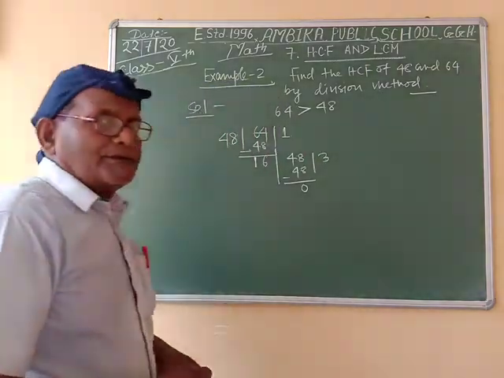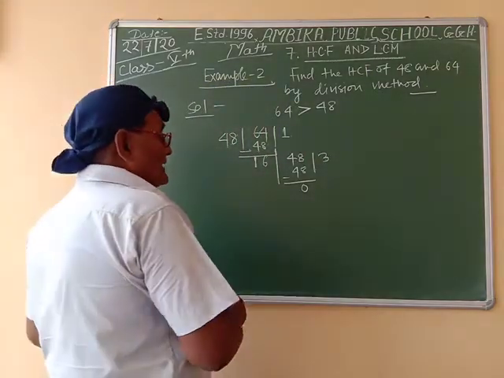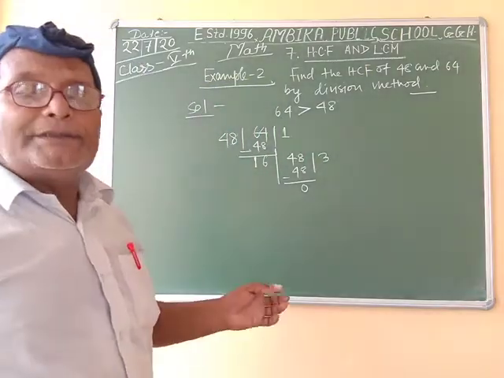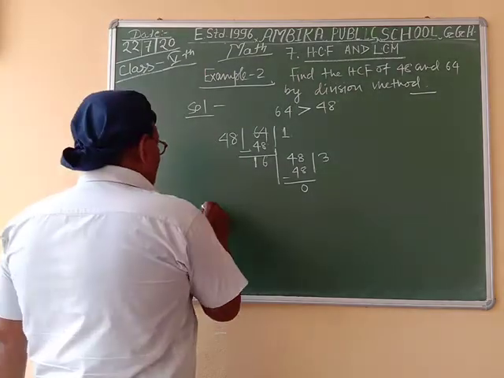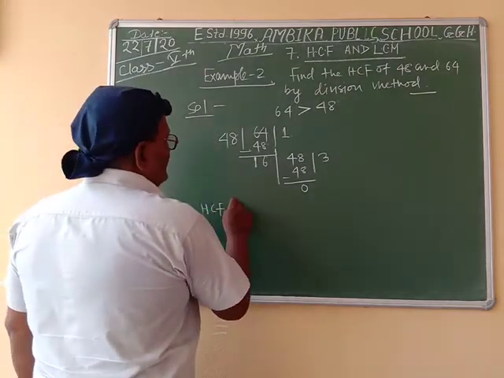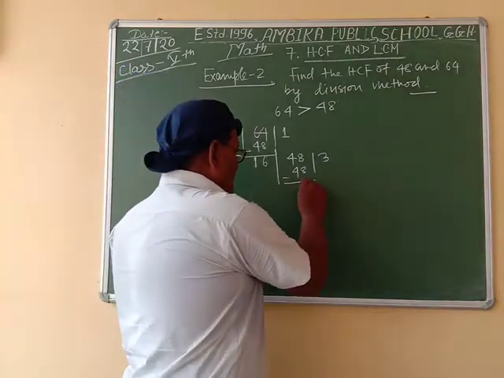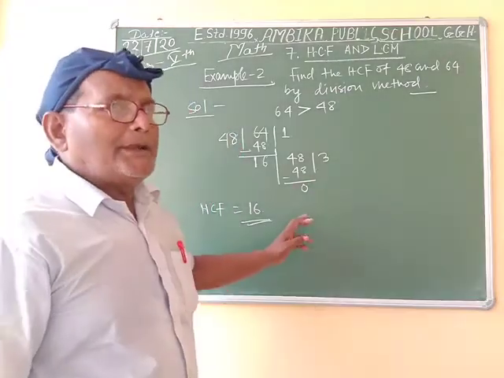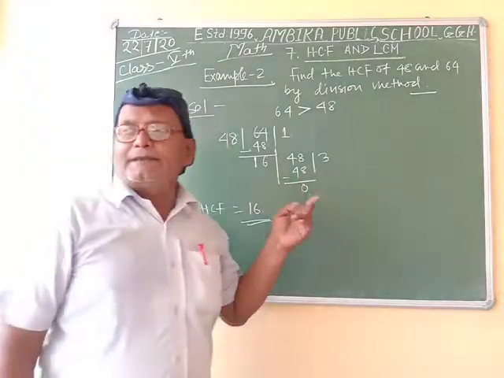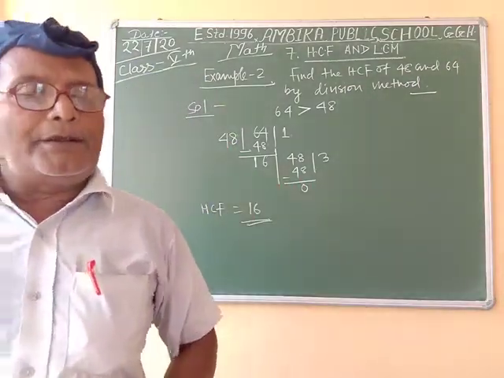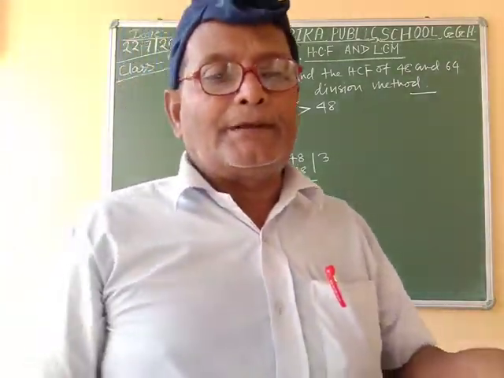So the division process ends, and the last divisor will be the required HCF. HCF is equal to 16, because here the remainder is 0. If in the division process the remainder is 0, then the last divisor will be the required HCF of the given numbers.